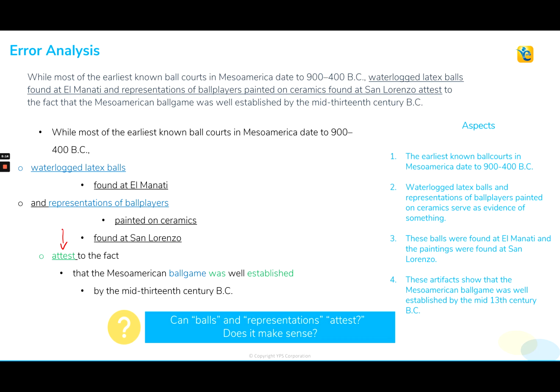Here, the use of the plural verb attest actually means to provide or serve as clear evidence of something. So this is logically and grammatically correct in this sentence because basically the meaning here is that these balls and the paintings of these representations of ball players both serve as evidence or proof of the existence of these early games. So this is absolutely logical, makes complete sense.